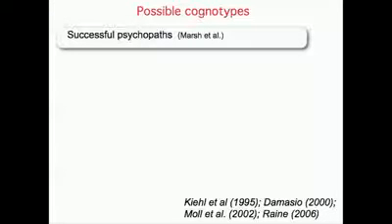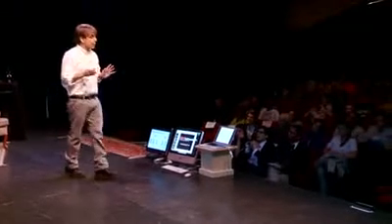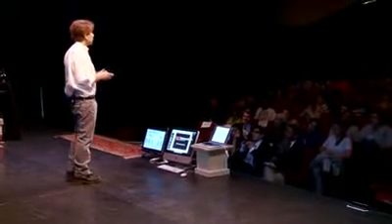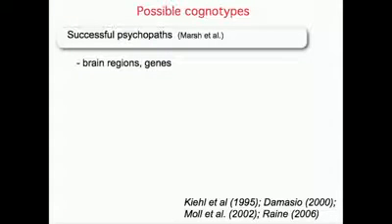One more category of cognotypes, successful psychopaths. Now, by these, I do not mean axe murderers. I mean psychopaths whose psychopathy scores fall into a particular range. These are, again, quite a bit studied. The brain regions and the genes are starting to be uncovered that underlie some of this. These are not violent people.